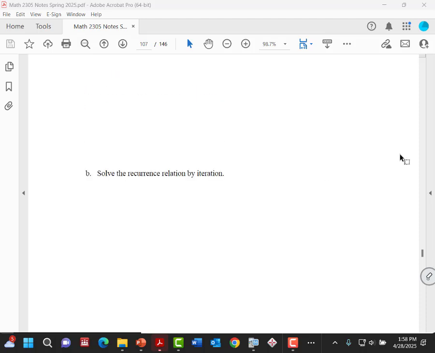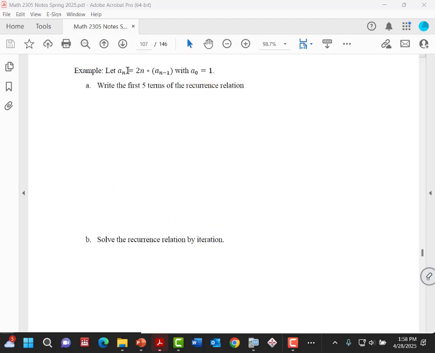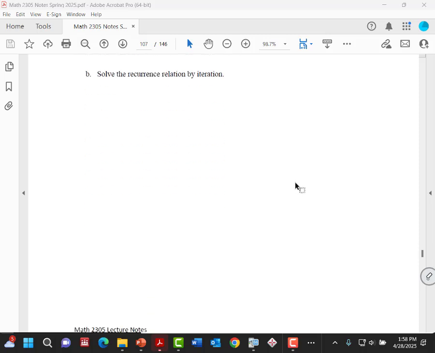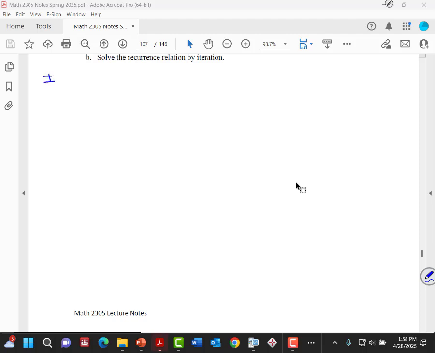So still looking at this same recursive definition, let's solve it by iteration. So if a sub n equals 2 times n times a sub n minus 1, then a sub n minus 1 would equal 2 times n minus 1.